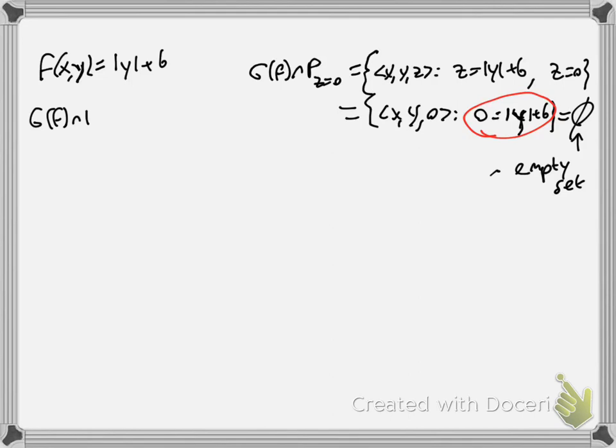Now let's compute the intersection with the xz plane. Let's do it the same way. If you want, you can do it a little bit shorter, but I will just be very precise. So z is equal to f(x,y). And now y equals 0.